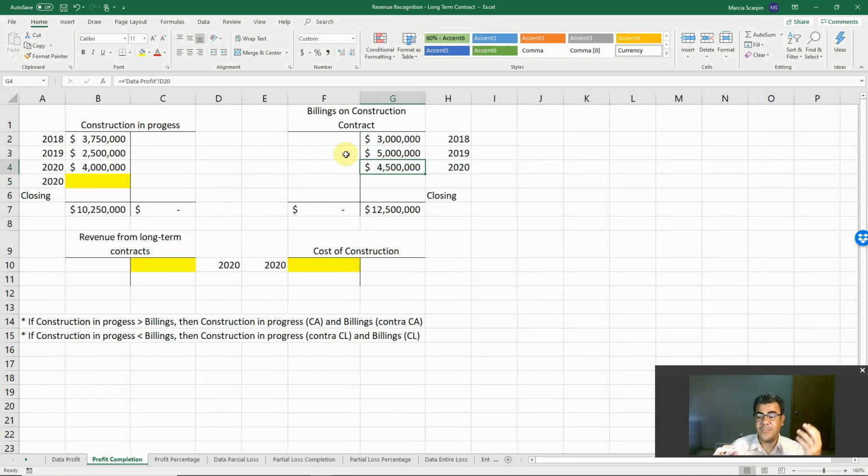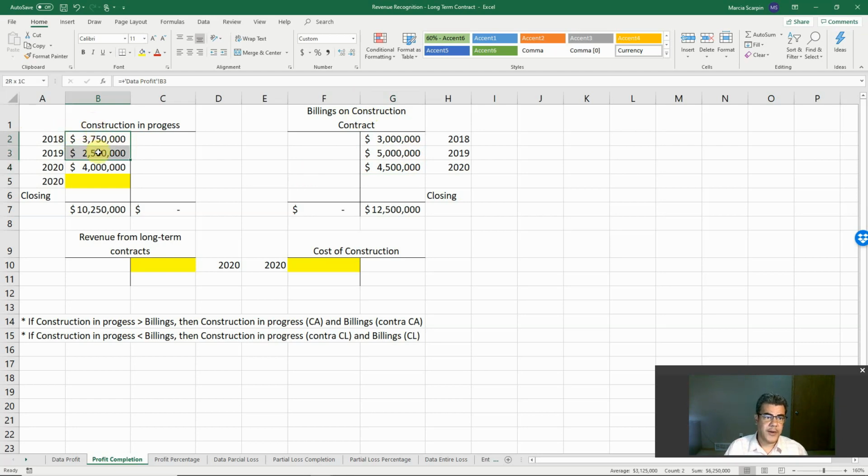However, we don't have asset and liability; we combine both. So 2018, 3.7 asset, 3 million liability. So this billing in contract will be a contra account of the construction in progress. So we will have an asset here, $750,000.